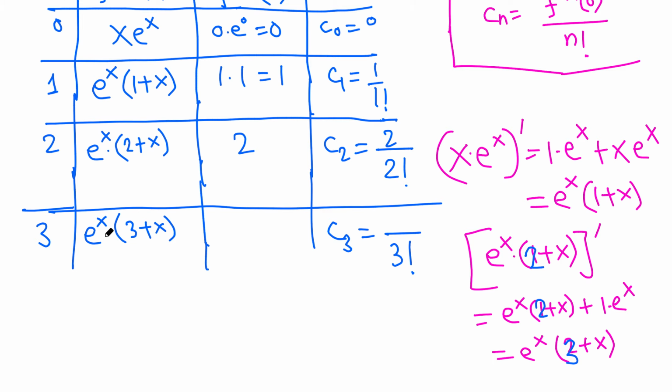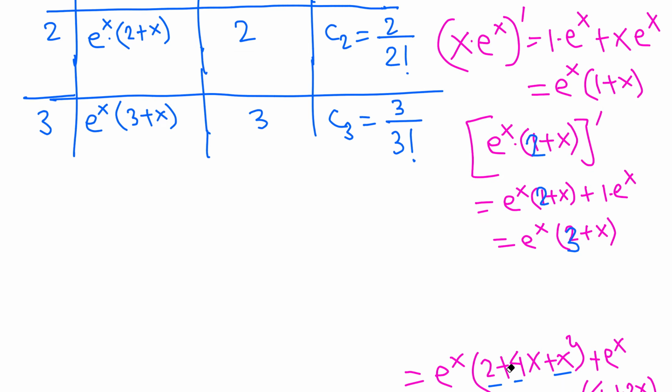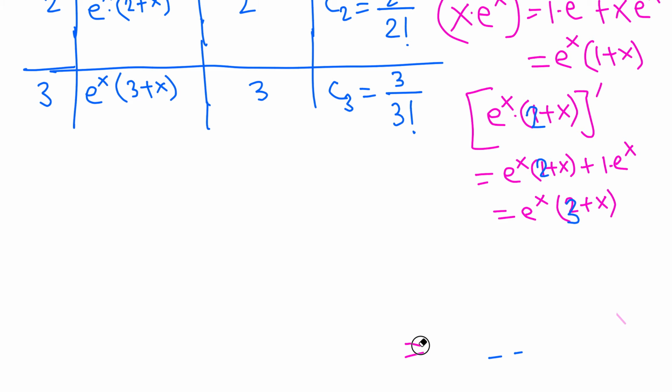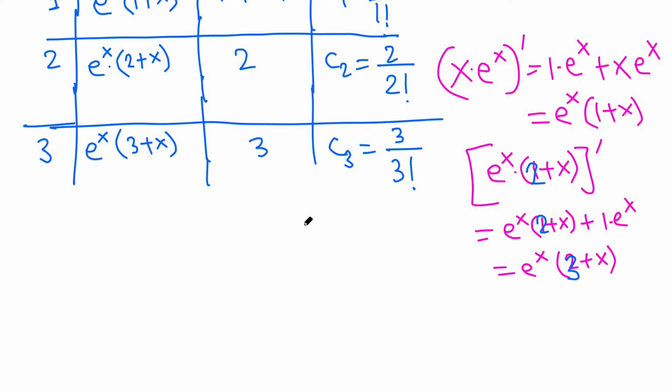E to the 0 is 1 times 3, which is 3. So C3 is 3 over 3 factorial. From these three, C1, C2, C3, we can say Cn is simply n over n factorial.